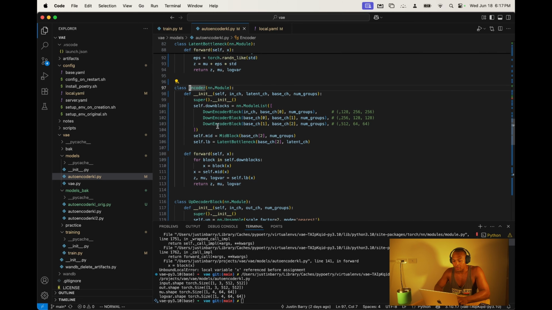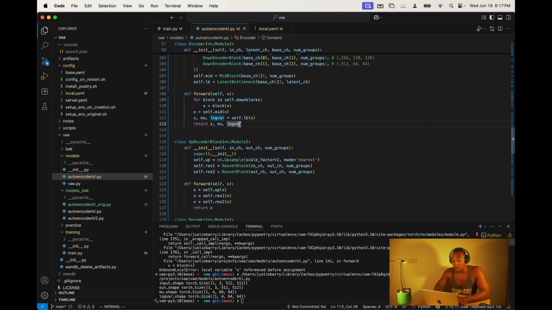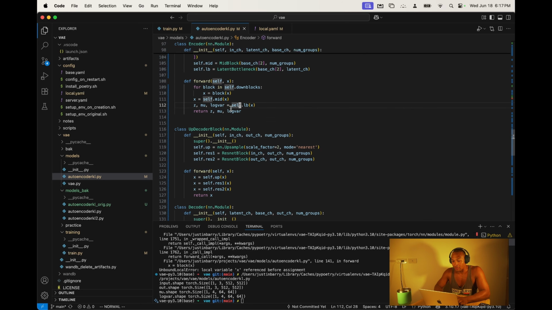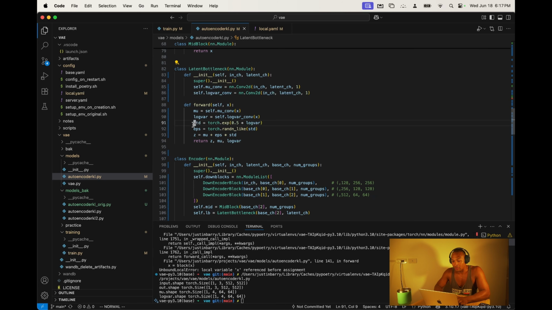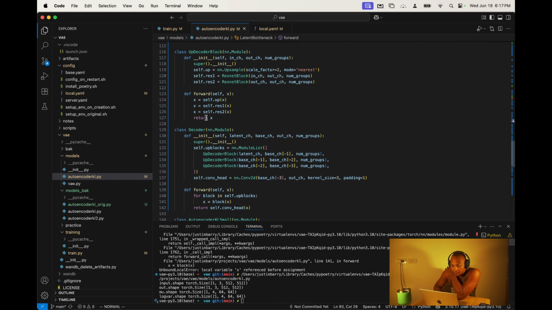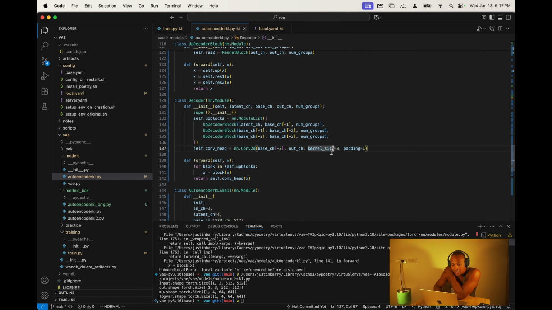So your encoder, downsample blocks, mid block, latent bottleneck, create your Z vector. You also add noise from a standard normal to your vector. And then your decoder is just upsample blocks followed by a convolutional head.